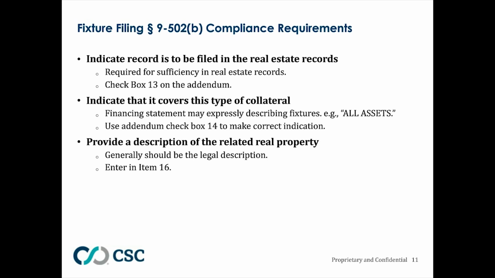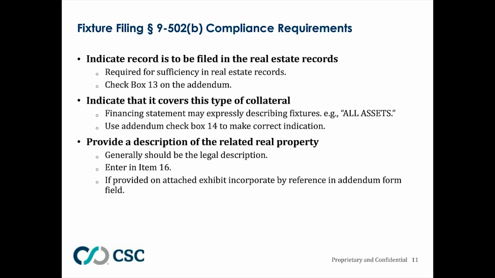And this is because the county recording offices are property focused, and they generally need this information to properly index the record. The legal description is normally what's required. It should be provided in item 16 of the addendum form. However, if it's a longer legal description, there's nothing wrong with incorporating it by reference and attaching the legal description as an exhibit or schedule.